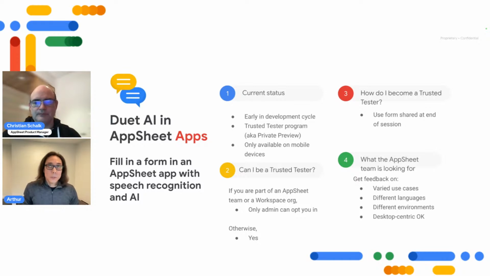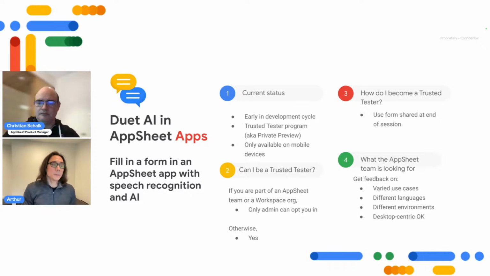The one thing that you need to be aware of is we have limited space. It's in trusted tester private preview, so we're not enabling everyone. We're going to be limiting who can access, and we're going to decide based on a number of criteria, which gets me to my fourth point. What is the AppSheet team looking for?